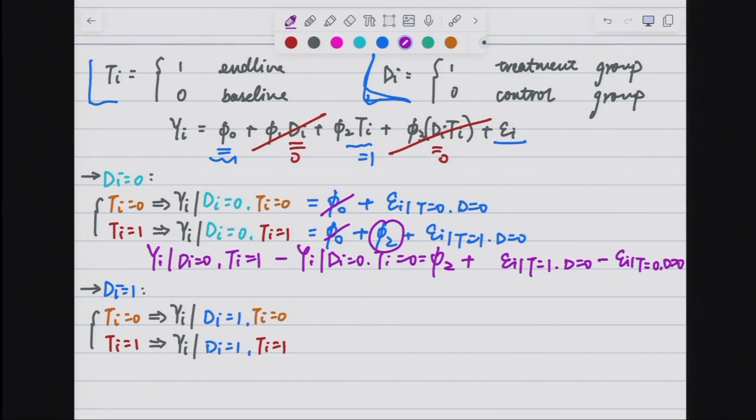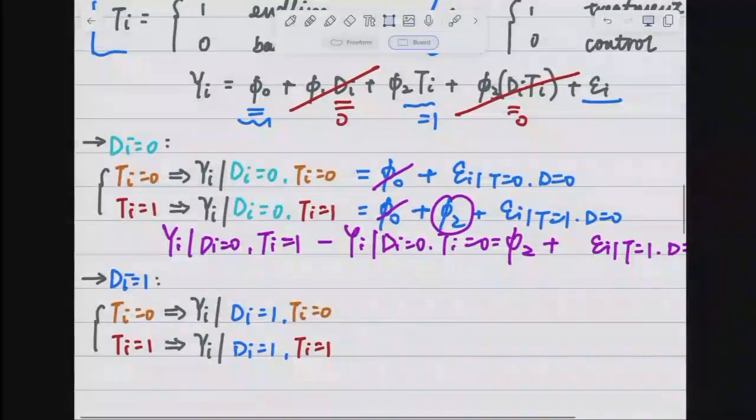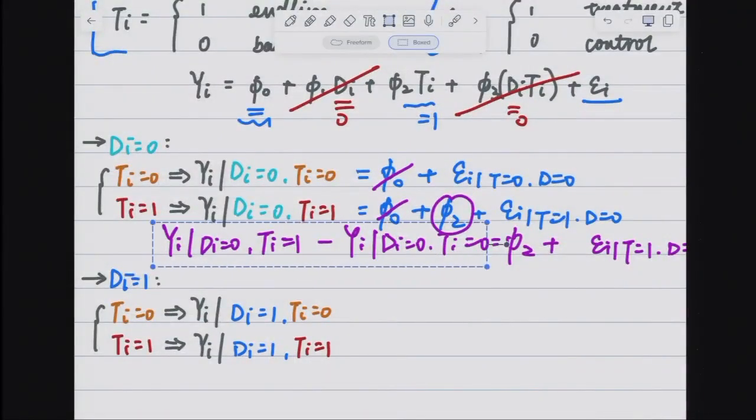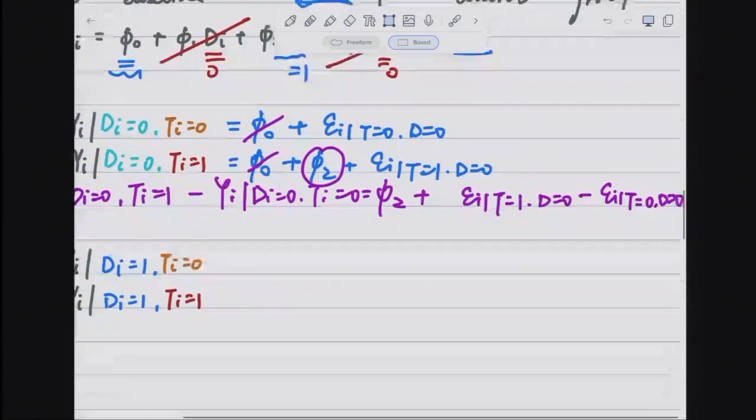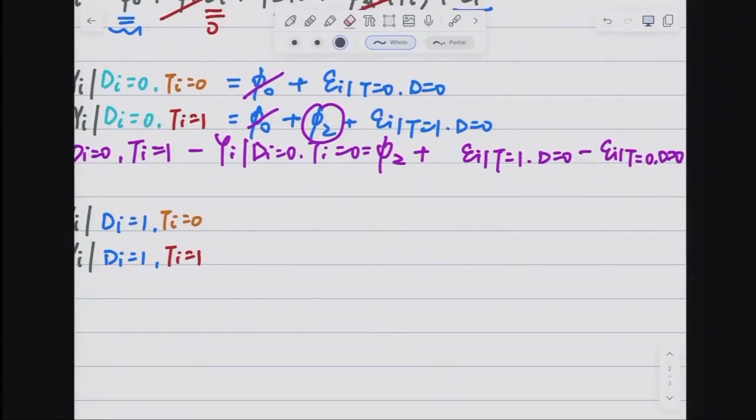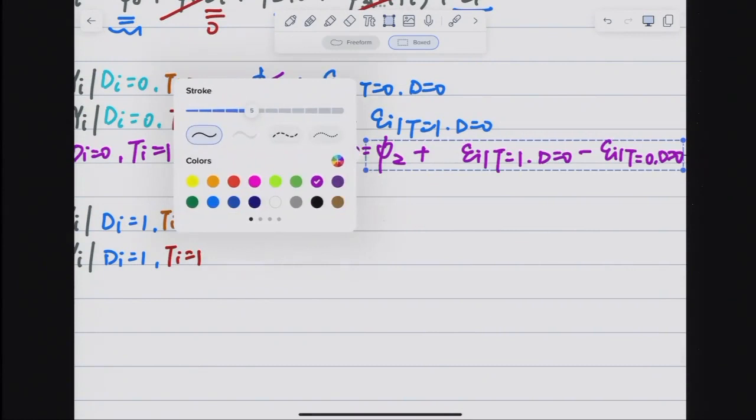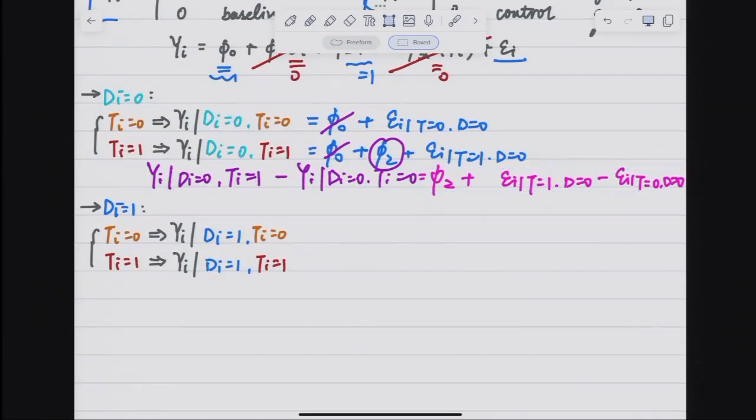Then averaging over everyone in the control group, you just simply take the expectation. So what we get is, let me just use a different color to make it a bit more obvious. So that's the difference, and this is what we get. And you just simply take the expectation on both sides.